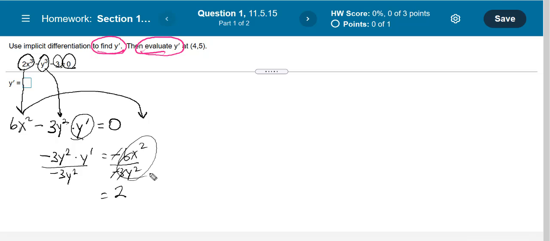And we cannot combine x squareds and y squareds. So there is y prime. And that's what we will type in the first answer box.